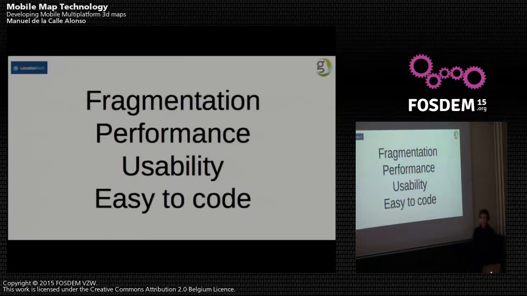We have to face a lot of problems to work in the native way and on mobile. The first problem is fragmentation. People who work with mobile know that we have fragmentation in the hardware and in the software.